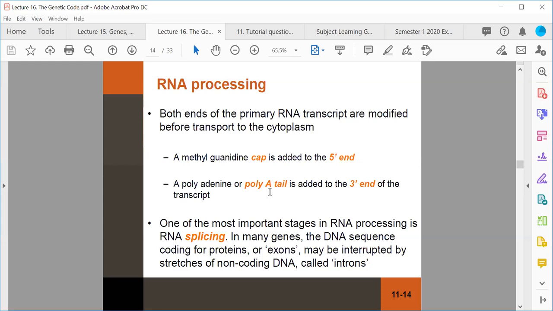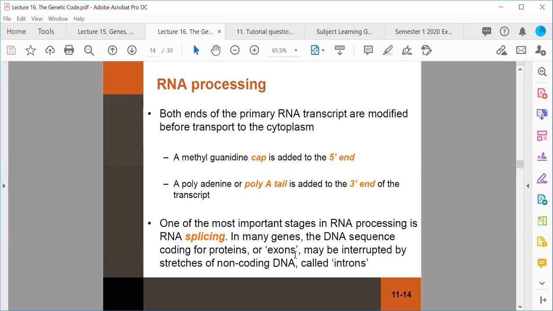But another important part of the RNA processing is referred to as RNA splicing. What happens in many genes, particularly in eukaryotic genes, is that the DNA sequence of the gene contains regions that don't hold any code for the final polypeptide product.